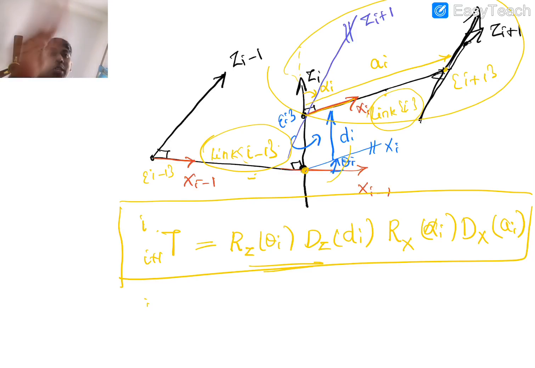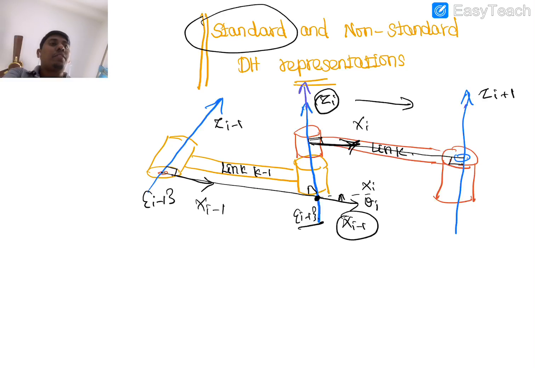So we start from joint 1 and then we go, progressing in that aspect. That is what we are trying to do. So you can see this is one such case. Okay, so this is link i, link k in this case.